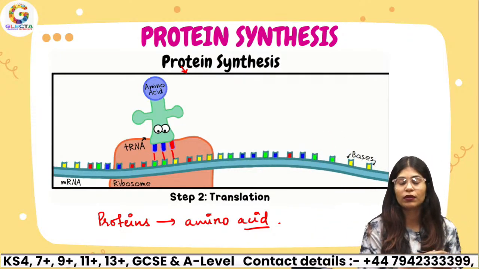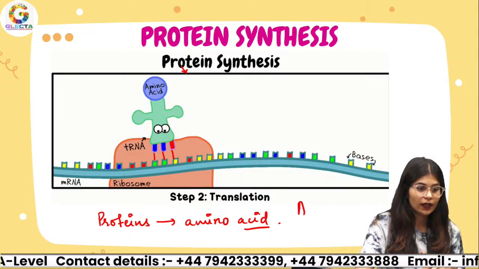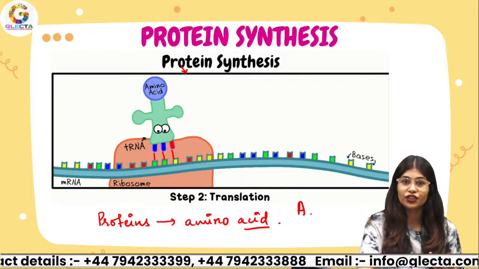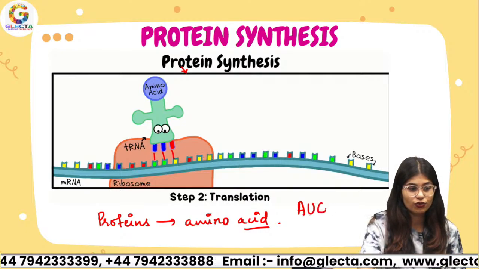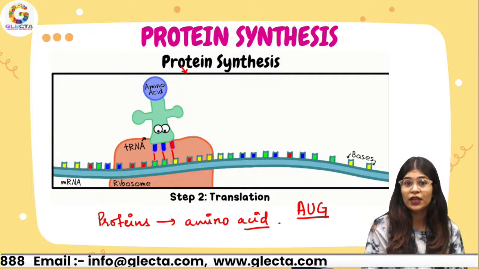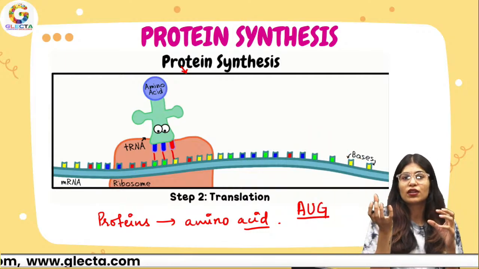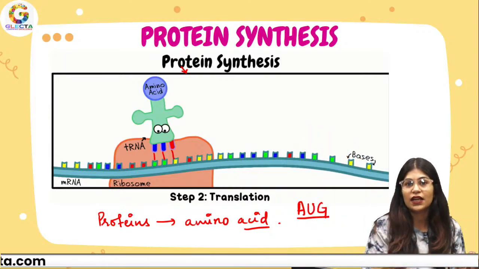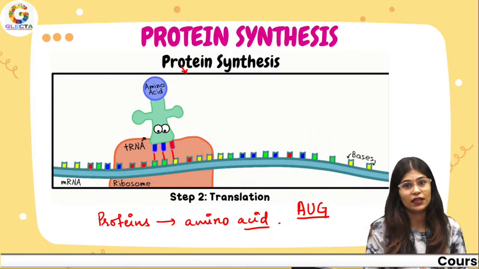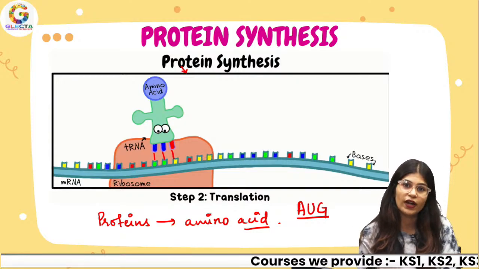So for example, I have AUG, let's say. Now in RNA, we have U instead of T, so AUG. AUG codes for methionine, that's the amino acid's name. So if they read AUG, they'll get me a methionine. So like that, the tRNA gets me the amino acid that I need according to the codes that are read.